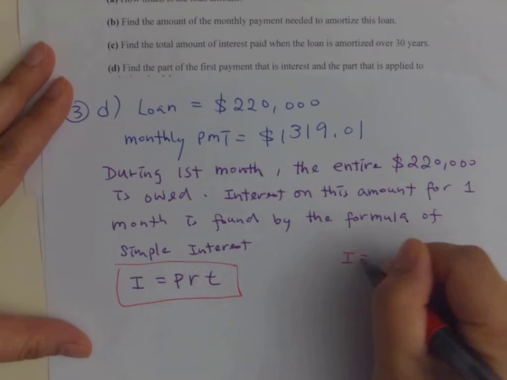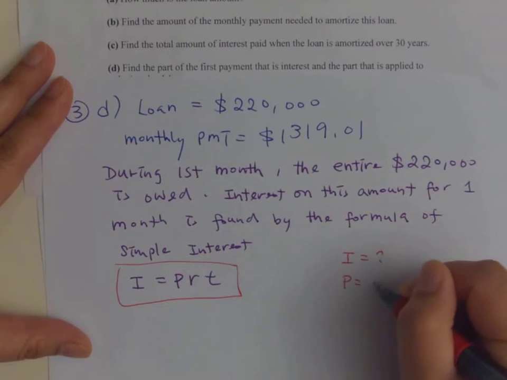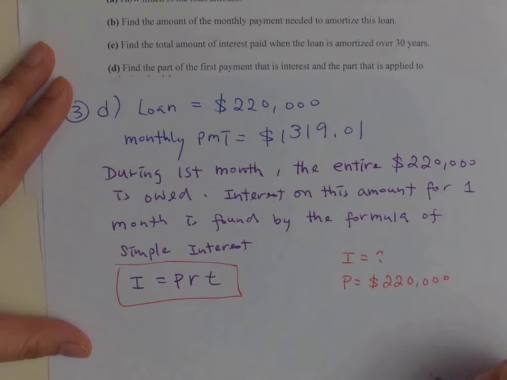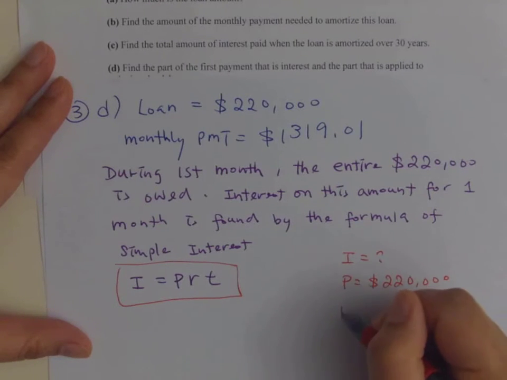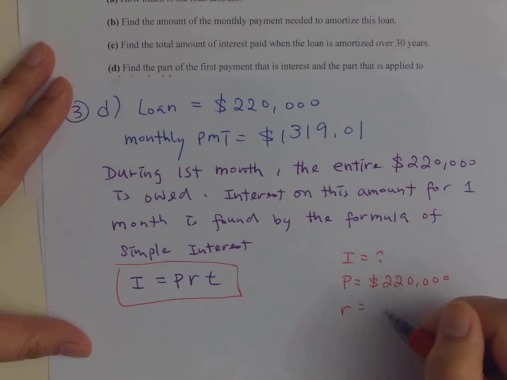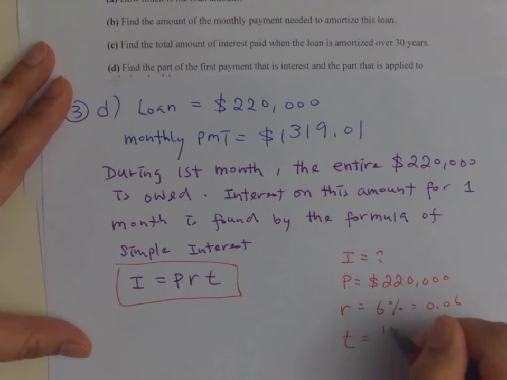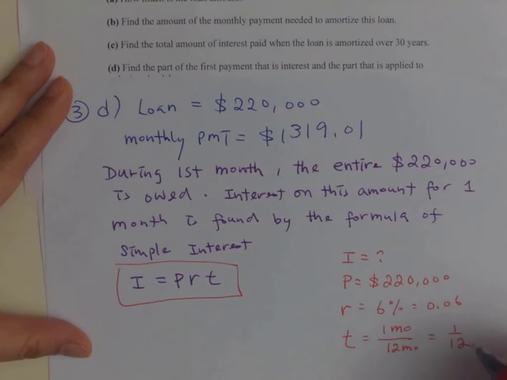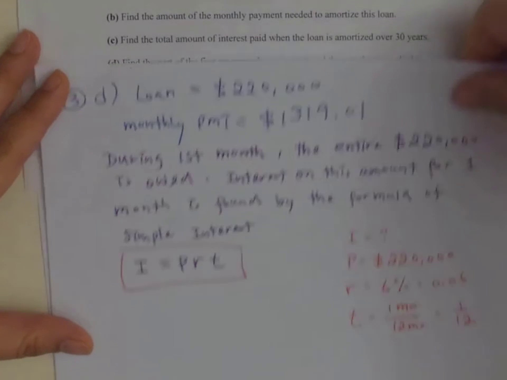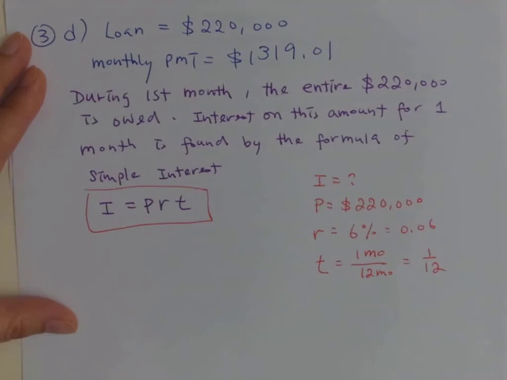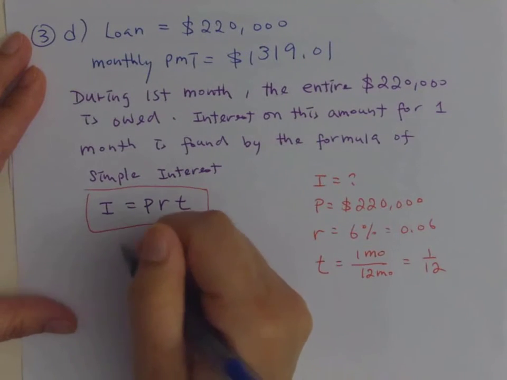We don't know I yet, but the P at this moment is $220,000 after we subtract the down payment, and the R for this question was 6%, which is 0.06, and the T is just 1 month. So it's 1 month out of 12 months, so it's 1/12. That's kind of weird, right? Usually the bank calculates it for you, but we want you to have some concept of how this works.